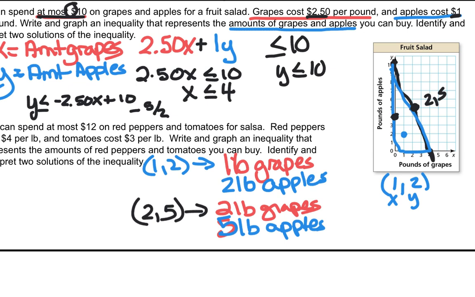Because they're on the line, it says or equal to. So if I know it's on the line, I know I'm spending $10, right? So any of these combinations here would be less than or equal to $10. Okay?